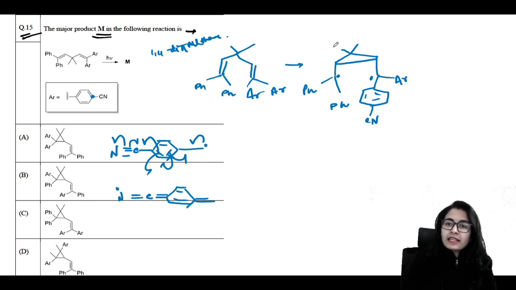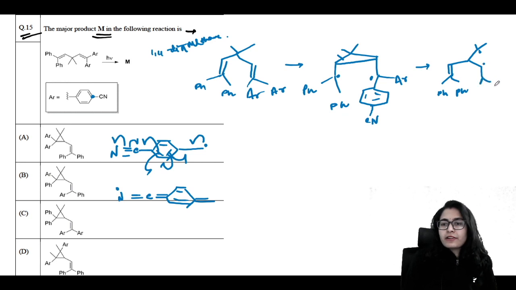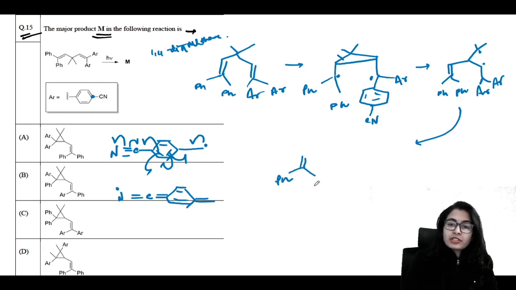And if that is the case, this bond is going to break from over here and going to give you a double bond on the less stable radical, and since it has broken down like this, you are having two aromatic groups, the cyanobenzene ones. So it is going to give you this molecule preferentially. This is the major product. You are going to get the three-membered ring over here.